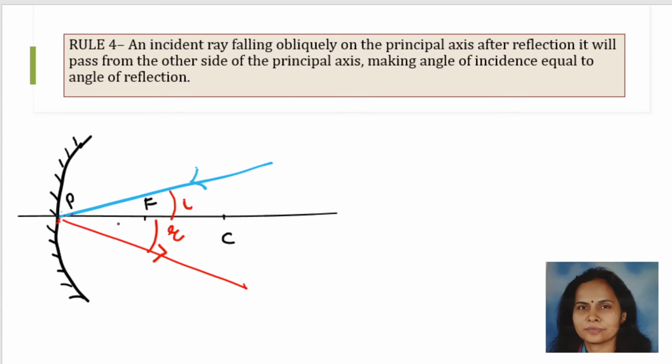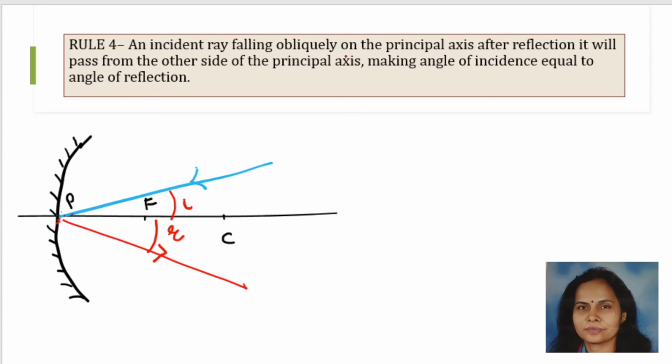So PC, which is the principal axis, is actually the normal for this rule, right? So this is angle I and angle R. As you have seen, in the rule written here, making angle of incidence equal to angle of reflection is valid not only for this case but for all the rules, right?